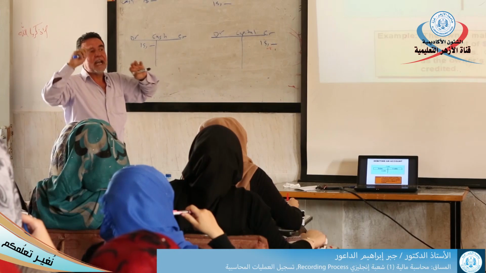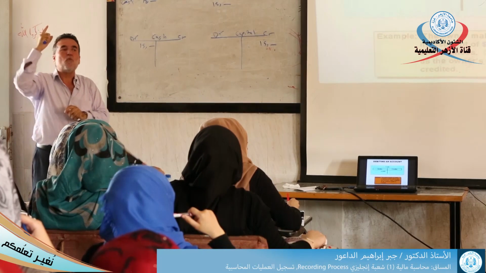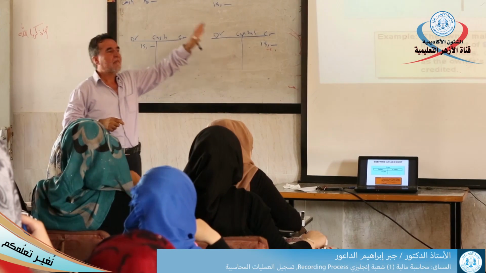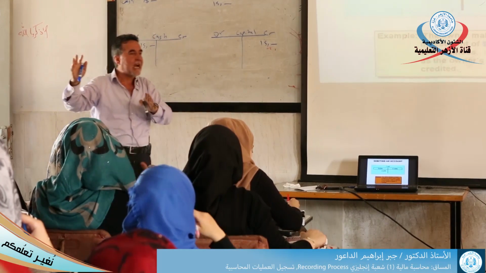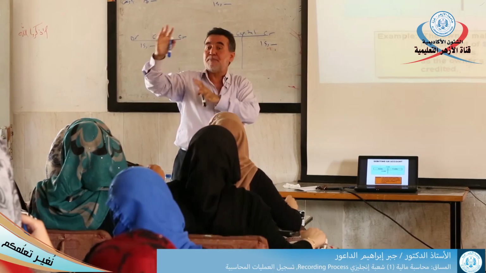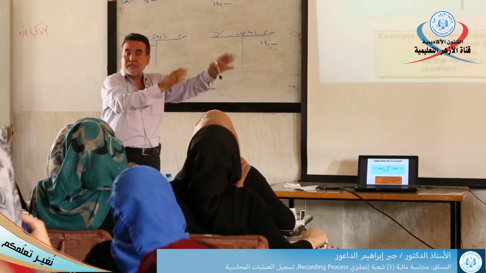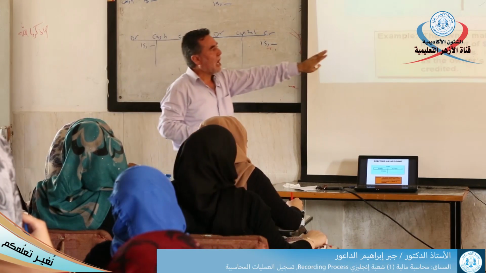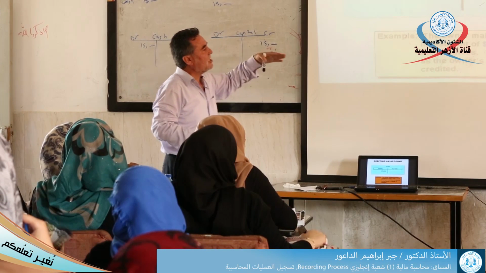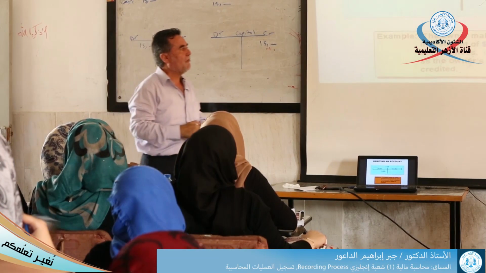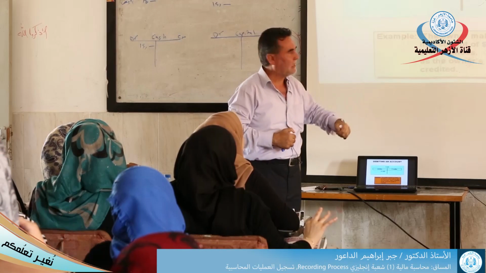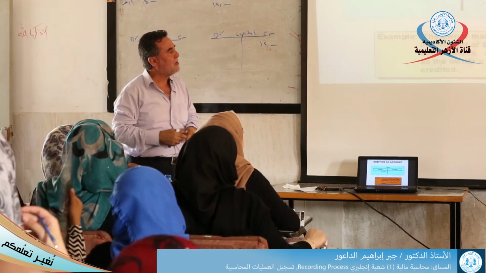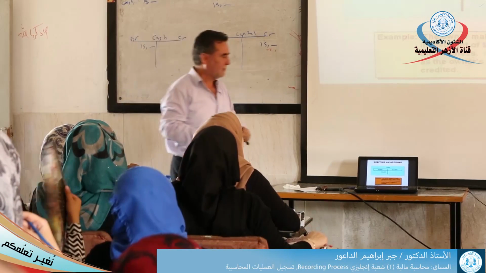Any transaction, any item, just has one account: cash account, capital account, land account, furniture account, supply account, account payable account, account receivable account, and etc. So, the owner makes an initial investment of 15,000 to start the business. Cash is debited as the owner's capital is credited.